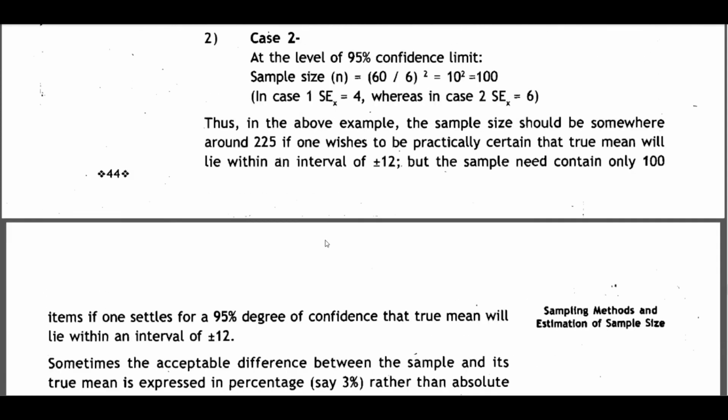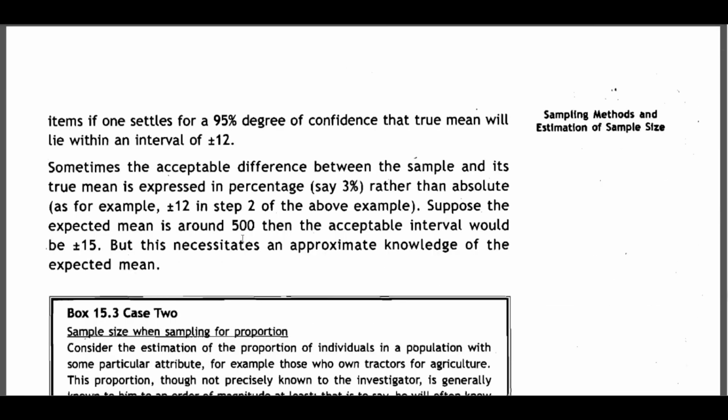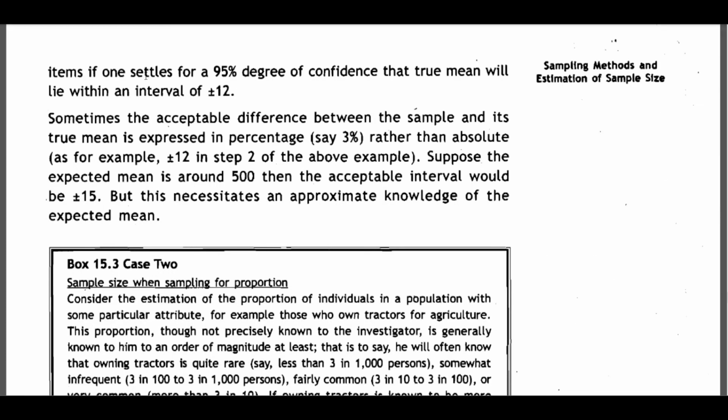So in the above example, the sample size should be somewhere around 225 if one wishes to be practically certain that the true mean will lie within an interval of plus or minus 12. But the sample needs to contain only 100 items if one settles for a 95 degree of confidence that the true mean will lie within an interval of plus or minus 12.